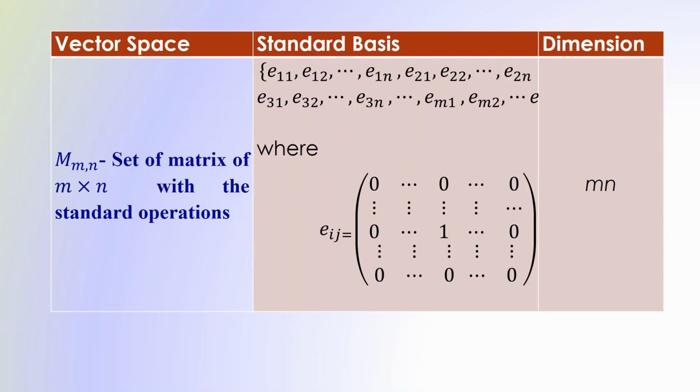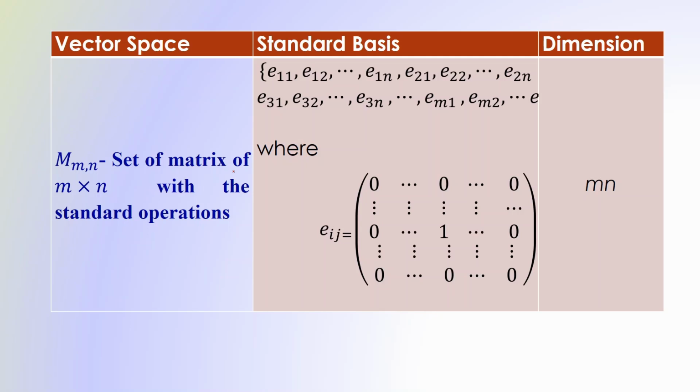Okay. If you have the set of m by n matrices with the standard matrix addition and scalar multiplication, it forms a vector space.